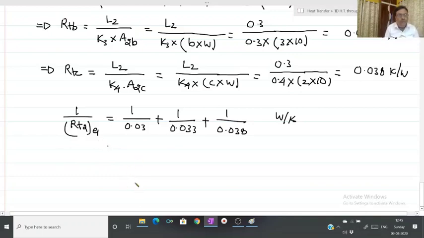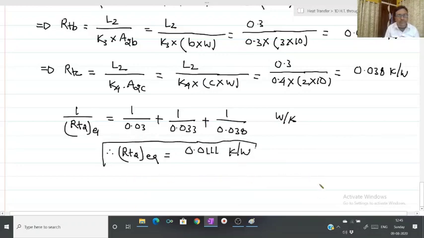So RT2 equivalent will be 0.0111 Kelvin per watt. Now here, this is the error-prone area.